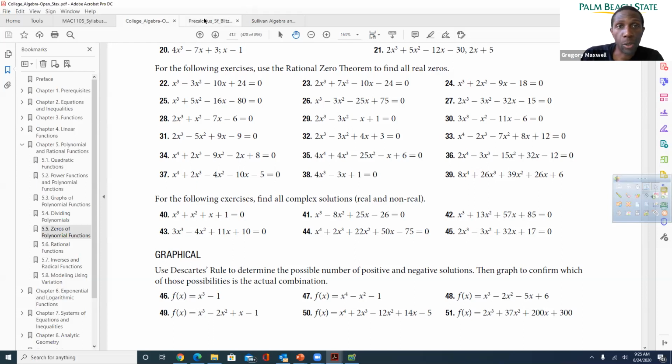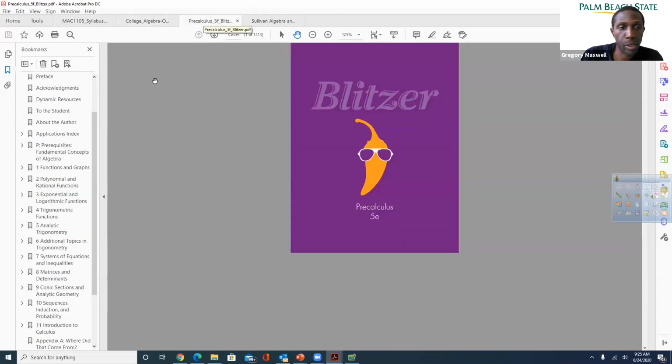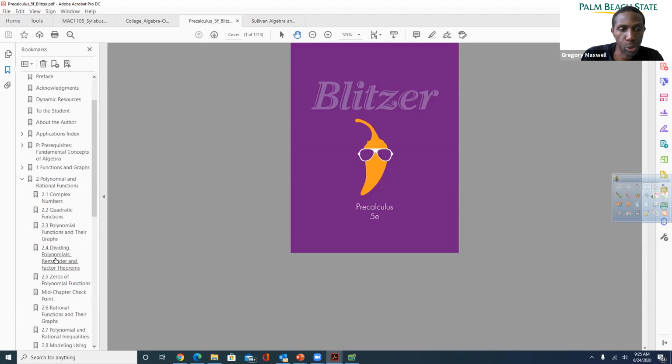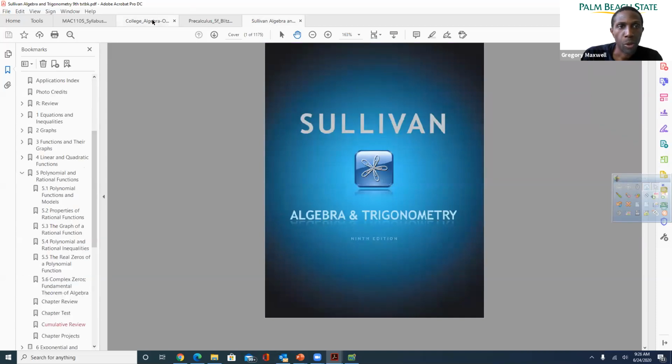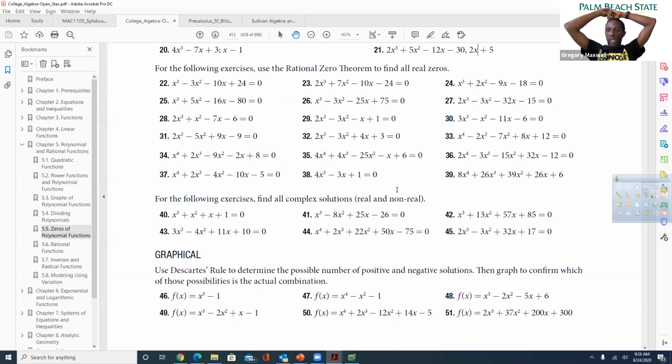You can also find answers in the Blitzer book under the section that says polynomial and rational functions, chapter 2, and in the Sullivan book, polynomial and rational functions, also chapter 5. When we come back, we'll take a look at some questions from the OpenStax textbook, and then we'll go into rational functions.